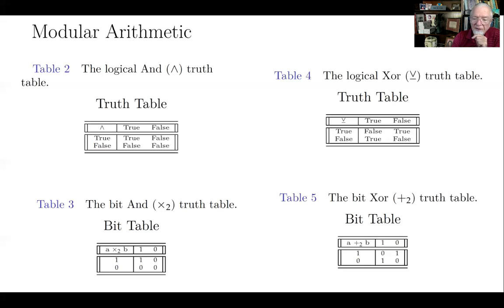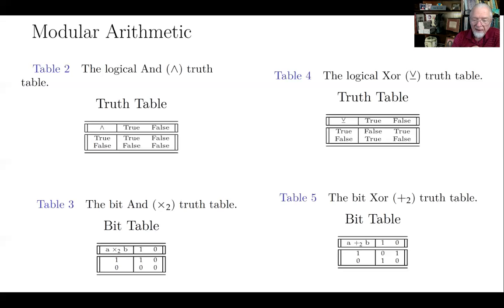You can use modulo 2 addition, and that gives you an equivalent bit table where 1 plus 1 is 0, 1 plus 0 is 1, 0 plus 1 is 1, and 0 plus 0 is 0.